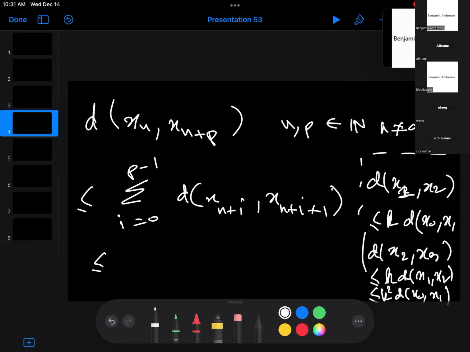For i equals 0, I will obtain here k^n d(x_0, x_1). And here the sum from i equals 0 to p minus 1 of k to the power i. Okay, this comes just from this remark here on the right. Is that okay?